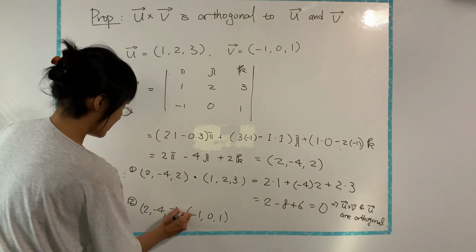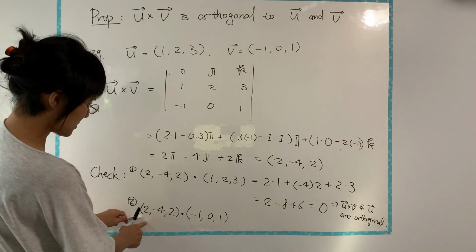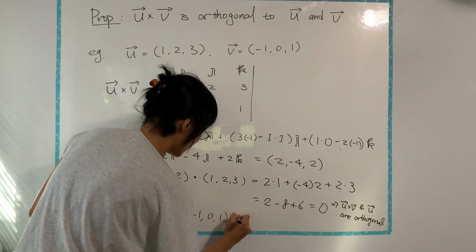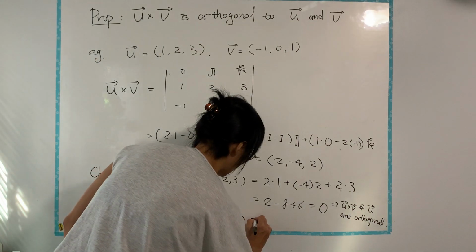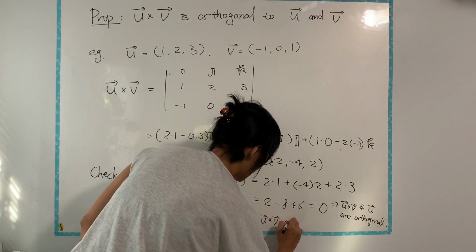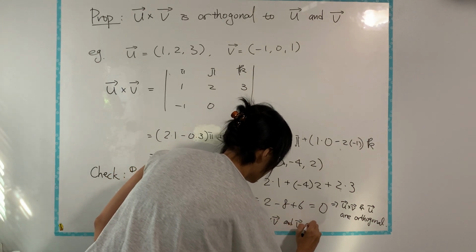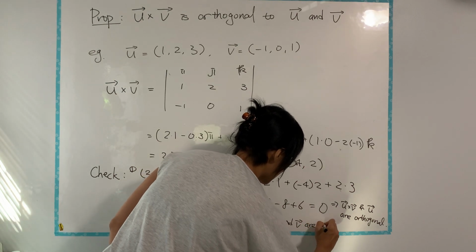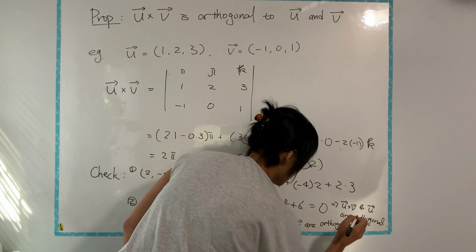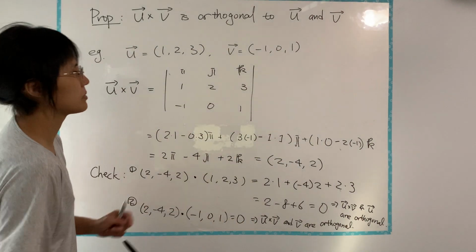Their dot product gives me minus 2 plus 0 plus 2, that equals 0 as well. So I know u cross v and v are orthogonal as well, meaning they're perpendicular.